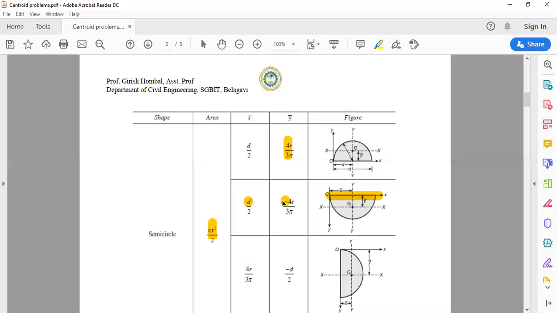The reason for giving the negative sign is we are measuring this y bar below the origin, that is in the negative of y-axis. So this value of y bar is with the negative sign, whereas x bar was measured in the positive direction of x. That is why this was positive, whereas y bar is measured in the negative direction of y-axis, thereby it is minus 4r by 3 pi.